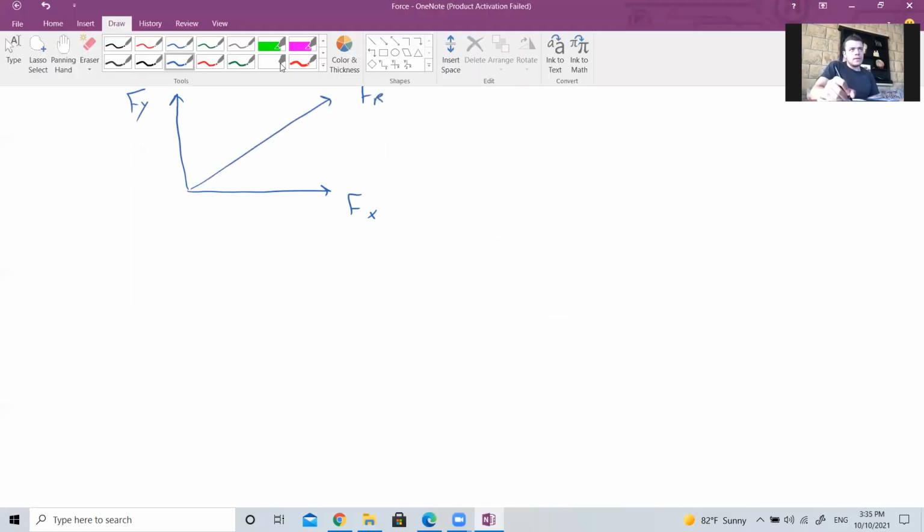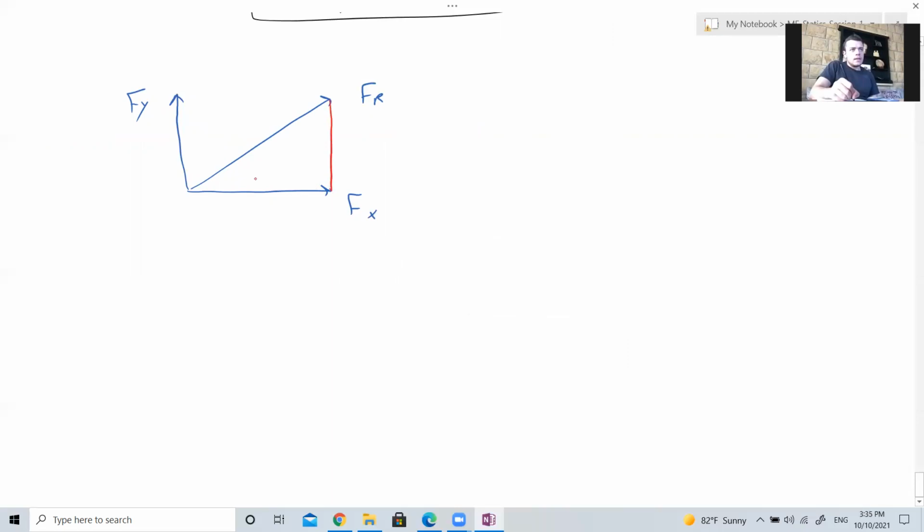Now how do you find alpha? FR has its Fx like this and its Fy like this, and this is FR. If you take this triangle, the angle here is 90.